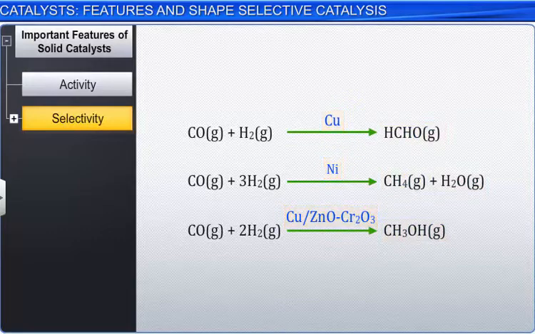Thus, we can define the selectivity feature of a catalyst as its ability to direct the reaction to form a particular product or products, excluding others. A substance chosen as the catalyst for a reaction can act as a catalyst for that reaction only, and not for any other reaction.